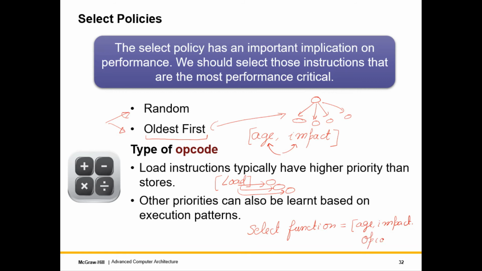So the opcode can, for example, give loads higher priority than stores and so on. Based on this, you derive some sort of a score, and this is fed to the choice boxes, and the choice boxes make a choice accordingly. Of course they do become complicated, but this complexity is not a bad complexity in the sense that this is a performance enhancing complexity. So there is nothing to be awfully concerned about.